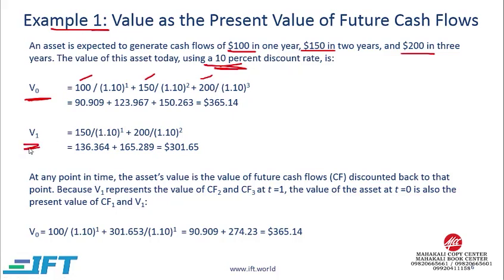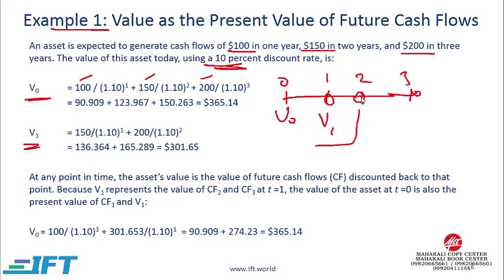What's the value at period 1? So you look at your cash flows at 0, 1, 2, and 3. The valuation at time 0 was based on the present value of the cash flows over here. What about the valuation at time 1? This will be based on the present value of the cash flow at time 2 and the present value of the cash flow at time 3.